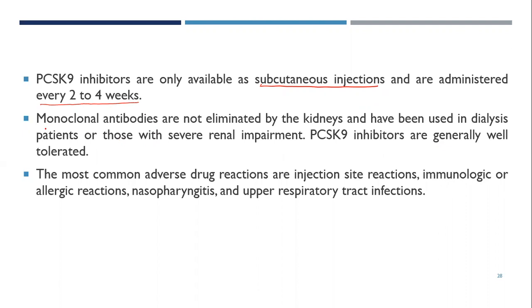These PCSK9 inhibitors are only available as subcutaneous injections, and they are administered every 2 to 4 weeks. The monoclonal antibodies are not eliminated by the kidneys, and they have been used in dialysis patients and those with severe renal impairment. This is very important. So in persons with renal impairment, we can use these PCSK9 inhibitors. They are generally well tolerated.